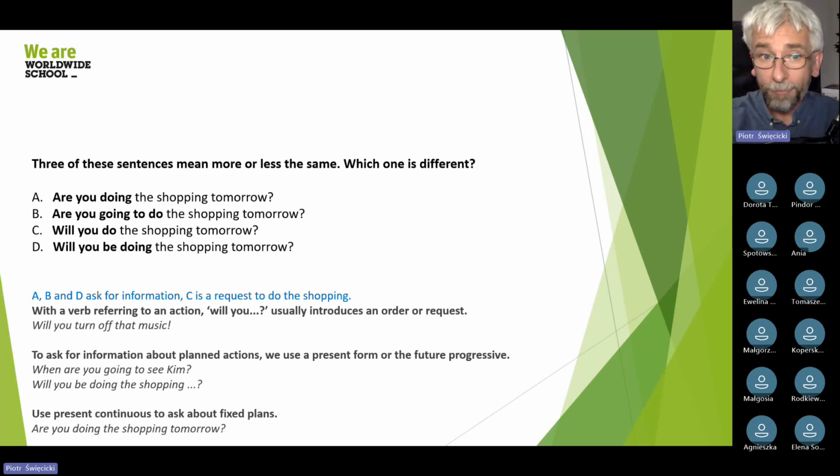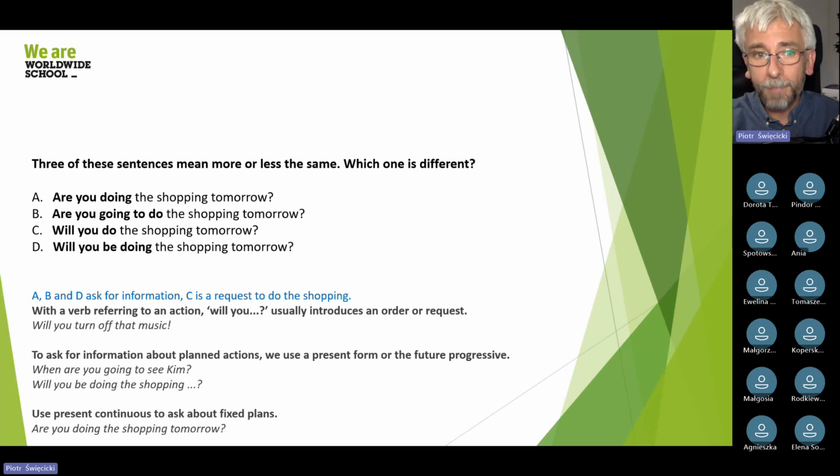With a verb referring to an action, the phrase will you usually introduces an order or request. For example, will you turn off that music? Or will you go shopping with me tomorrow? A request.